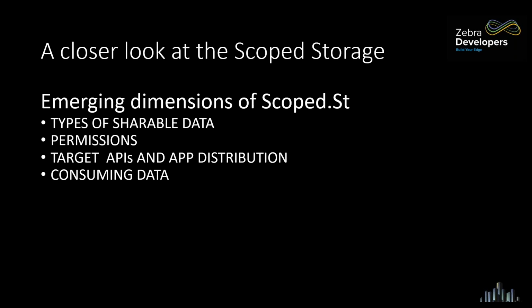And the permissions that you need to manage, grant, and eventually ask the user for. Then there's a theme around the distribution of the app, which is strictly connected to the target API level that you're setting for your application. And finally, how another application is consuming the data that the first one has shared.